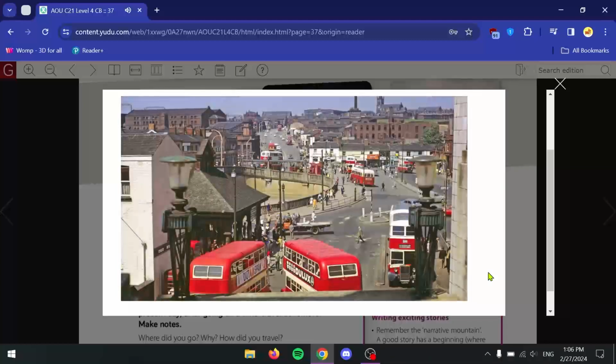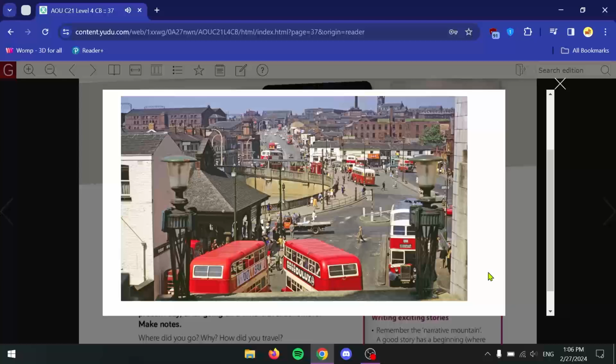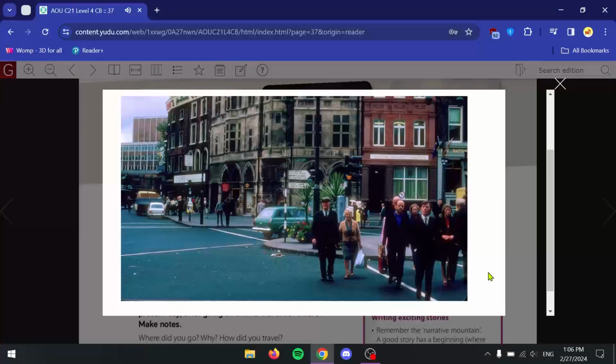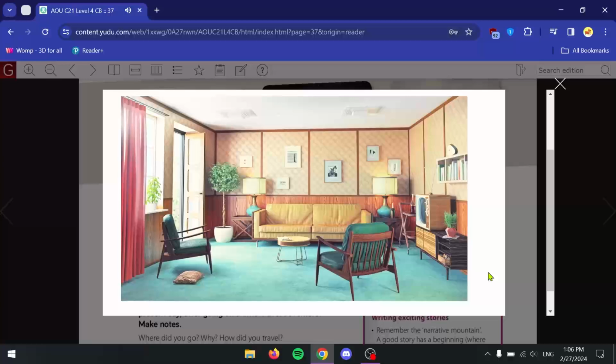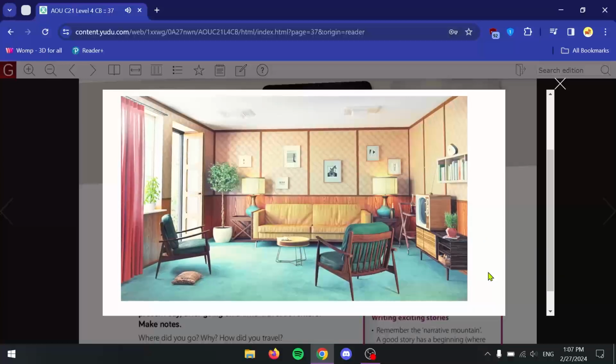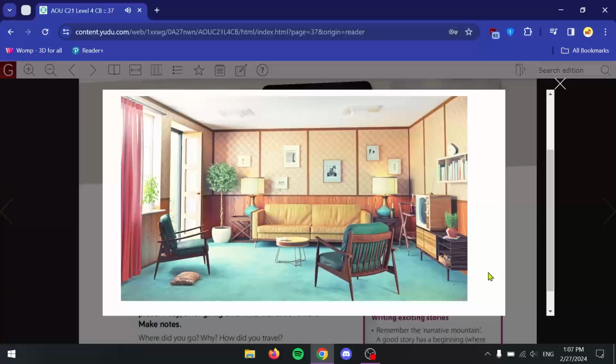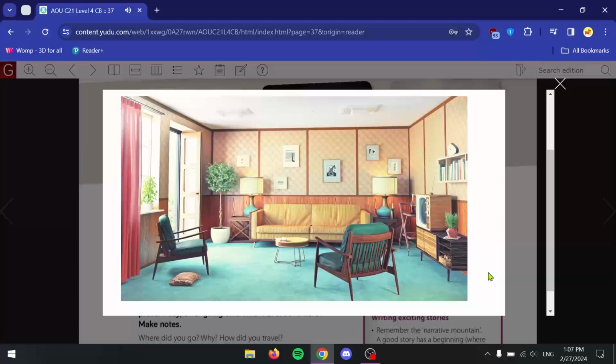It's morning. You wake up in your bed, open the curtains, and look out onto the street. You do the same thing every day. But today, something is very different. The cars look strange, and some of the buildings are different. And the people are wearing funny clothes. You go into the living room, and everything looks odd here too. The furniture is very old-fashioned.